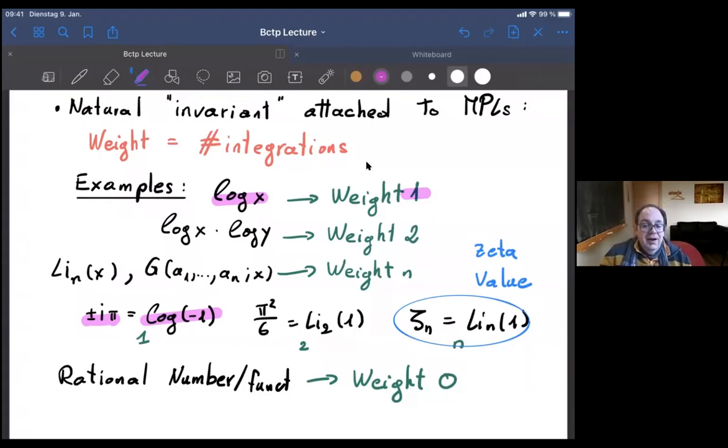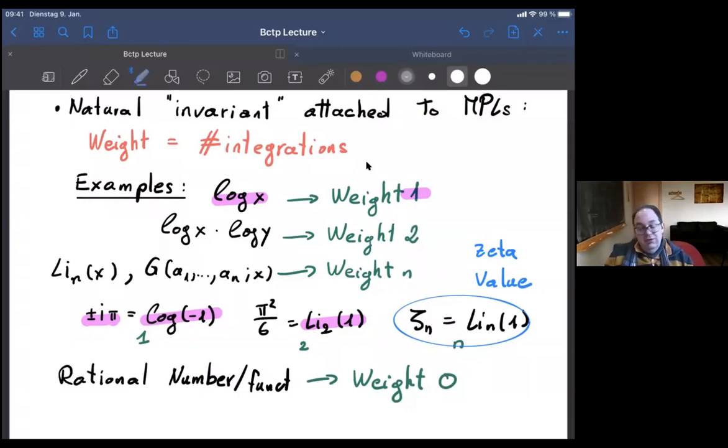Depending on which branch of the logarithm I choose, I would get plus i pi or minus i pi, but the logarithm of -1 is proportional to pi. You may know that if you take the dilogarithm and you evaluate it at 1, you get pi squared over 6. And so you see that this definition actually makes sense. Because if pi has weight 1, pi squared should have weight 2. And the dilogarithm has weight 2.